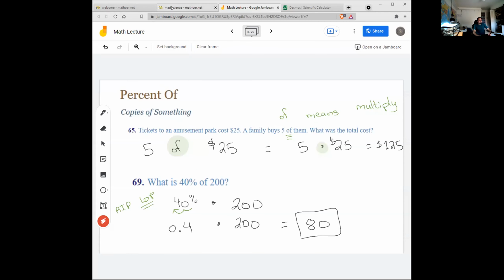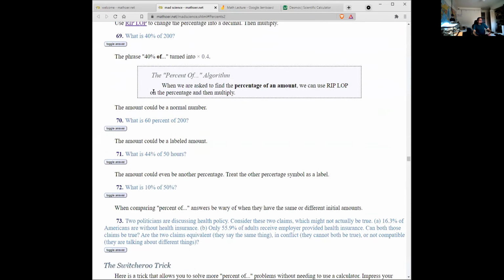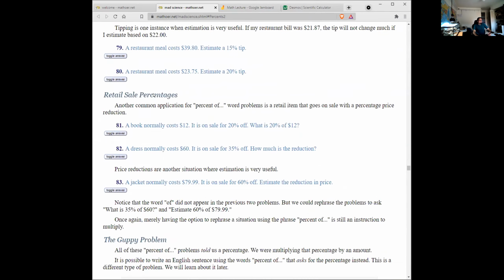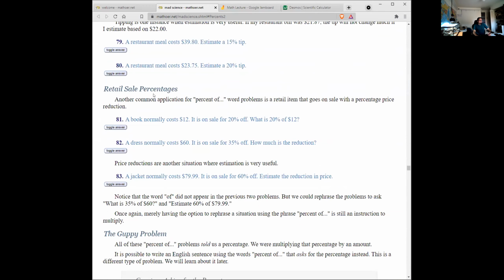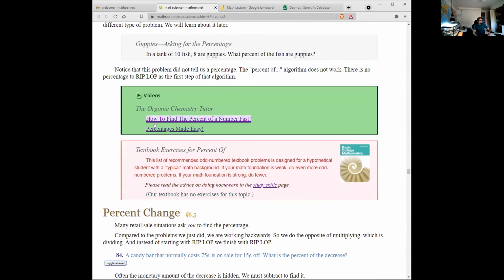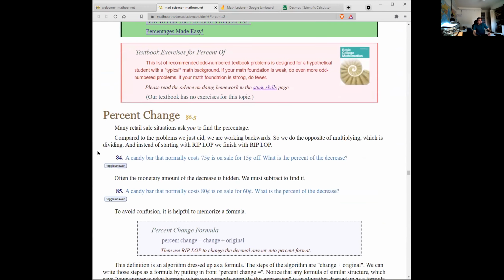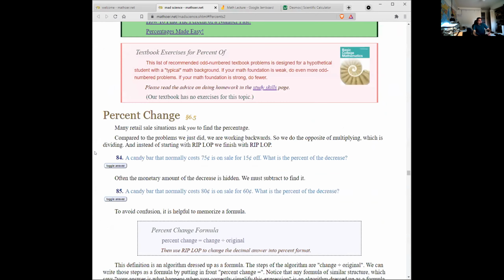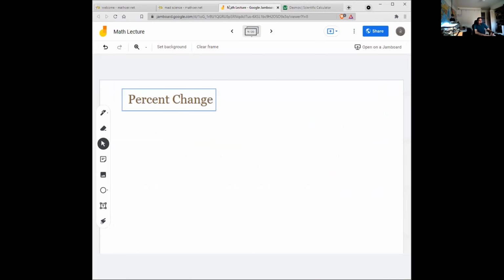Let's make it a little trickier. Now we will work backwards.